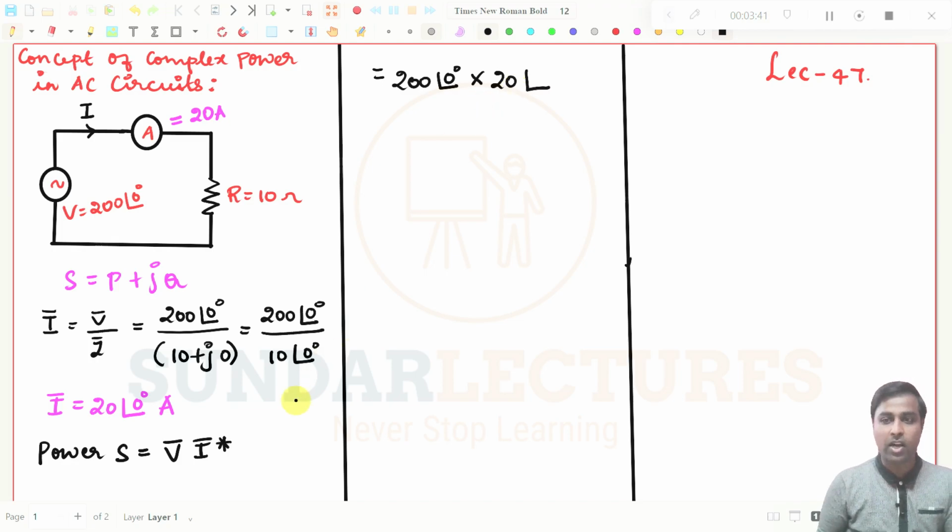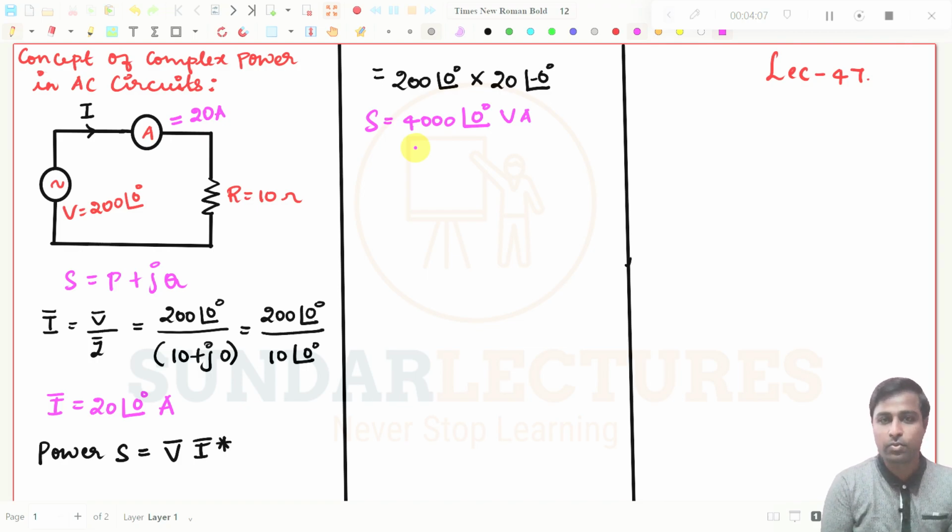If you need to take the complex conjugate of this phasor, you need to invert the angle sign. So it will be minus 0 degrees or plus 0 degrees, both are the same. If I simplify this one, I will get S equal to 4000 at an angle of 0 degrees. This is volt ampere.